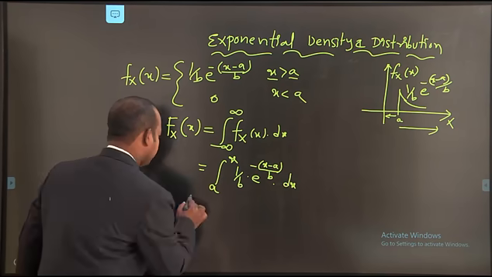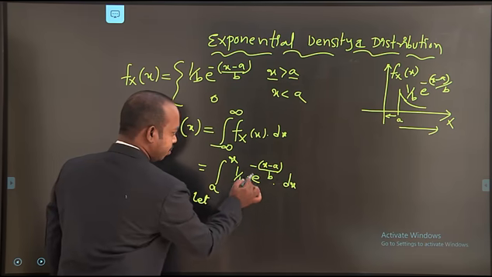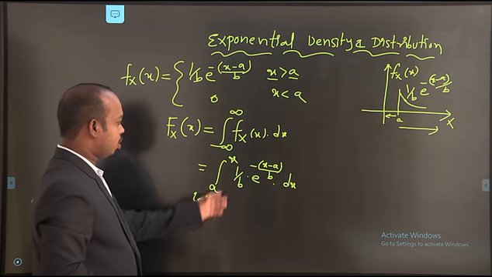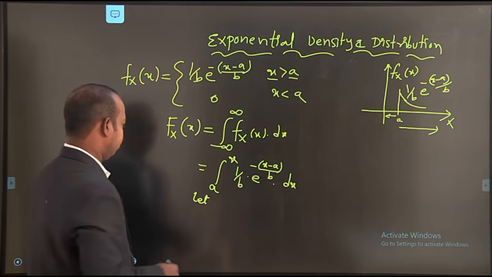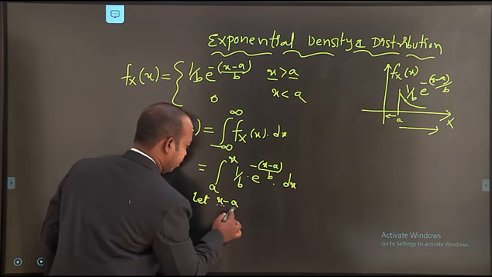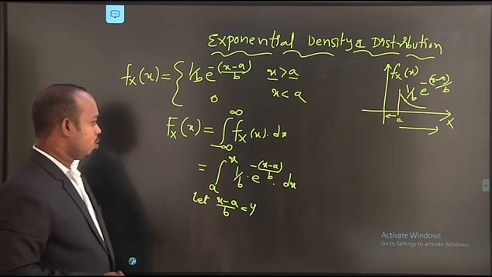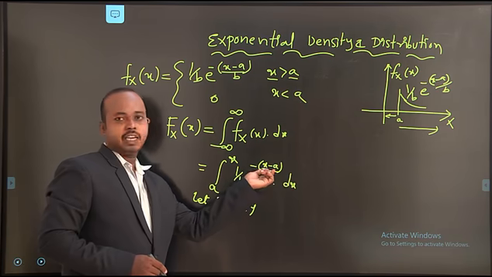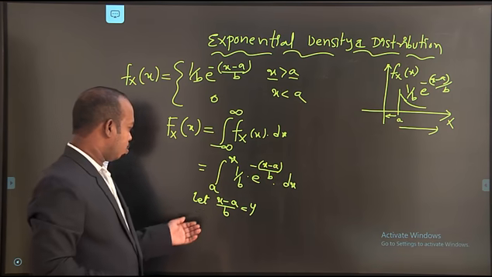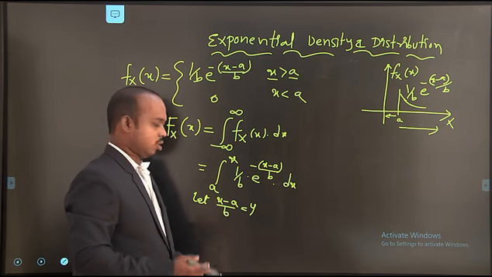I consider the power of the exponential term, not the sign: (x minus a) divided by b is equal to y. Only the power quantity I am taking as one more variable, y. Now I apply differentiation on both sides with respect to x.